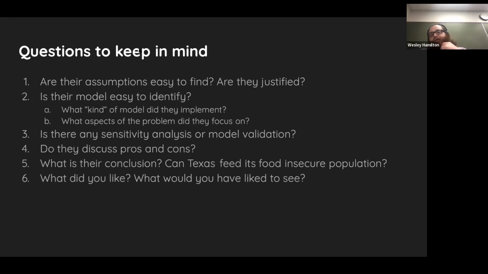And so these 6 questions, I'll keep repeating these questions, and as we're looking over these submissions, these are the questions to keep in mind.